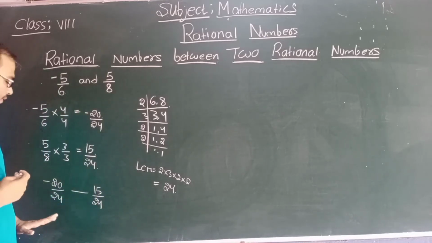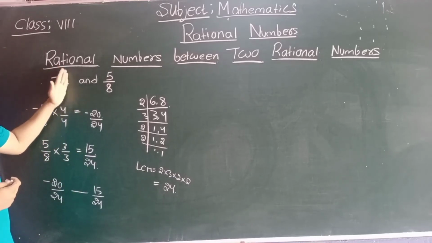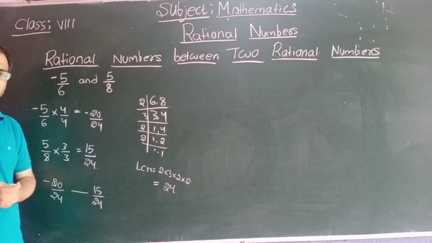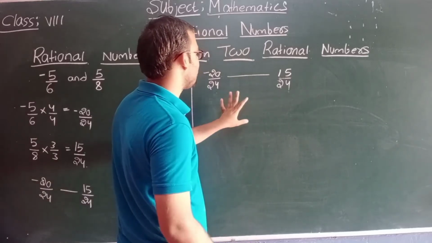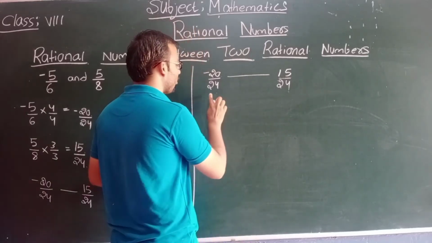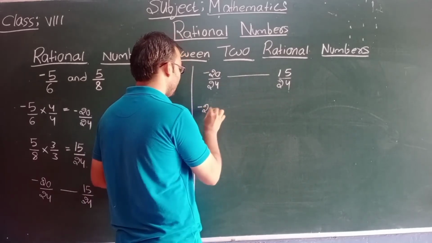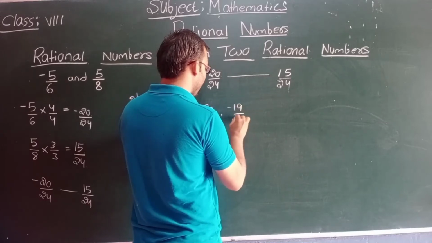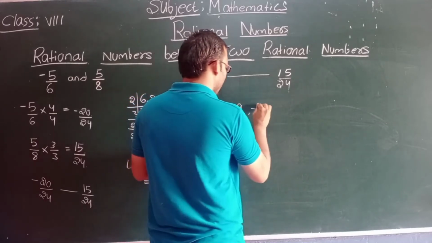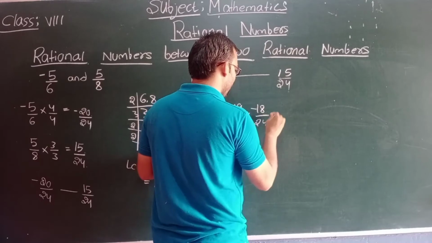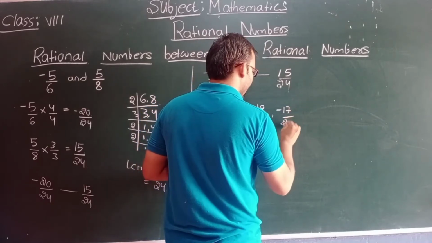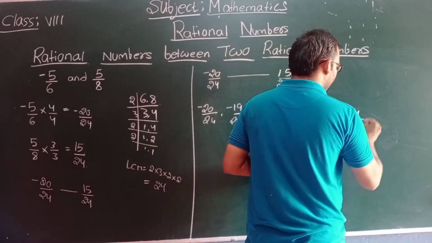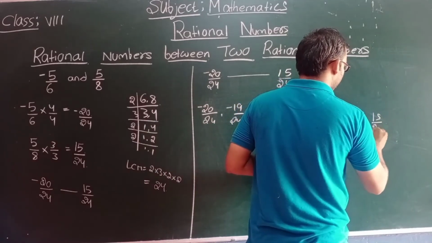So now we will find the rational numbers between minus 5 by 6 and 5 by 8, that is between minus 20 by 24 and 15 by 24. Now we shall write the rational numbers between these two numbers. As the denominator is the same, we can write minus 19 by 24, minus 18 by 24, minus 17 by 24, up to how much? 14 by 24, and you can write 15 by 24.